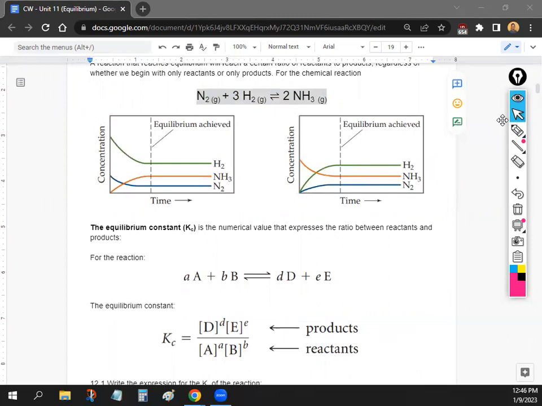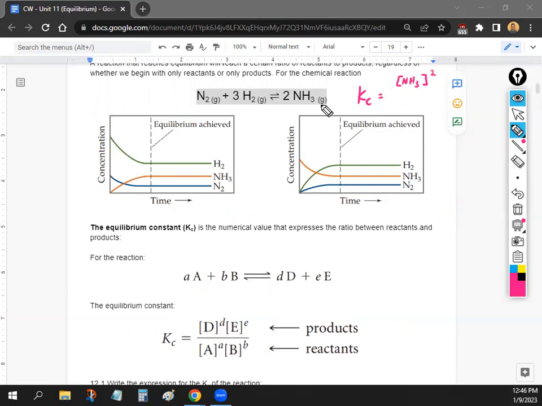Okay, so we're going to use this as our framework. Now we're going to put the products on the top. So the equilibrium constant for this reaction is going to be equal to the concentration of our product, which is NH3. And unlike the kinetics unit where sometimes the exponent could be different from the coefficient, the exponent's always going to be the coefficient.